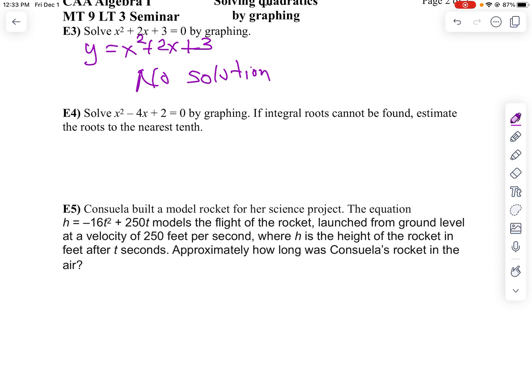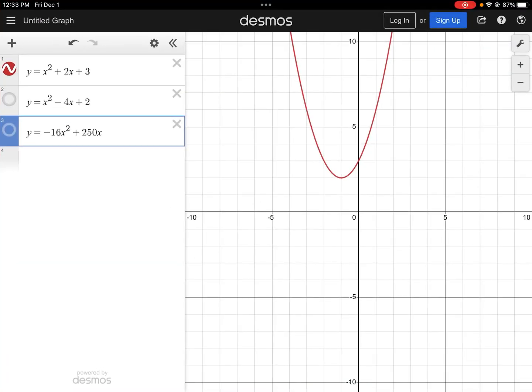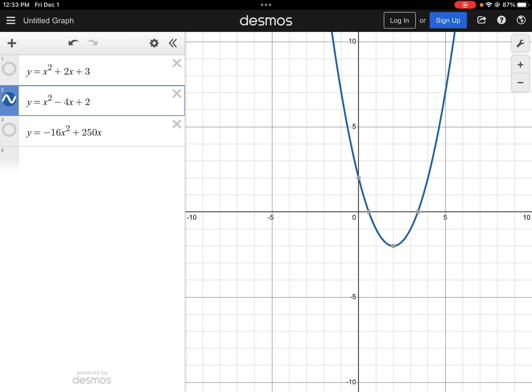If we take a look at example 4, not everything's going to be a nice whole number. So if I have y equals x squared minus 4x plus 2, to get the solution, we're just going to round. So if you graph that related function, the nice thing about decimals is it rounds for you. You're going to have to round to the nearest tenth, but it gives us a rounded answer.